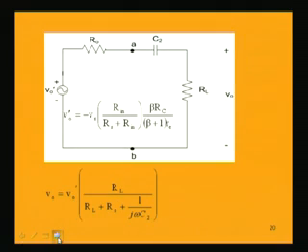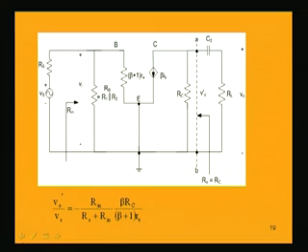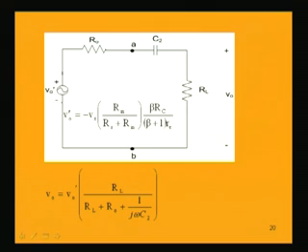Now, let us consider the output side circuit having this voltage at V naught dash and the rest of the circuit. So, V naught dash is equal to minus Vs into R in by Rs plus R in into beta Rc by beta plus 1 Re, from this expression we have the voltage V naught dash.